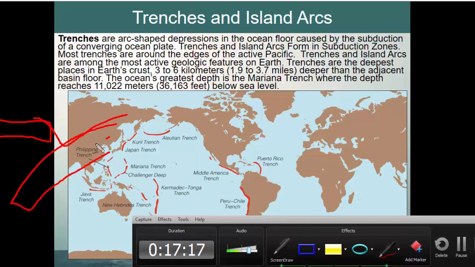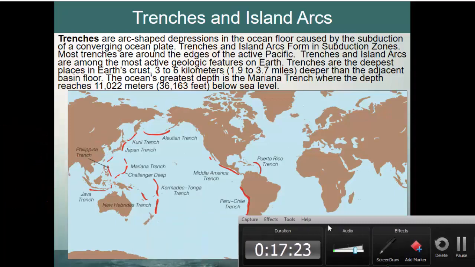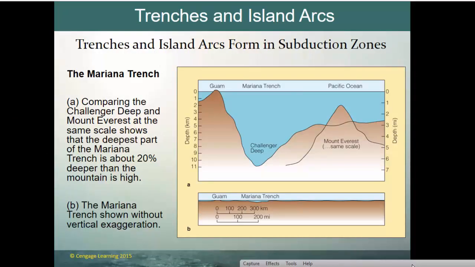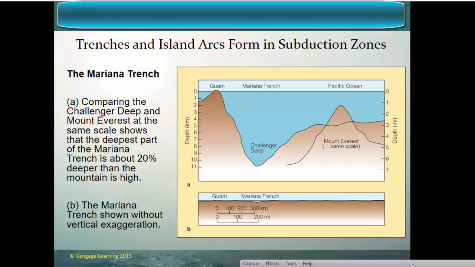And with these very fast subduction zones, you get these very deep trenches. And that's where our ocean trenches come from. So there's the Mariana Trench and the Challenger Trench. Actually deeper than Mount Everest is high. And I guess that's the point. About 20% deeper than Mount Everest is high.